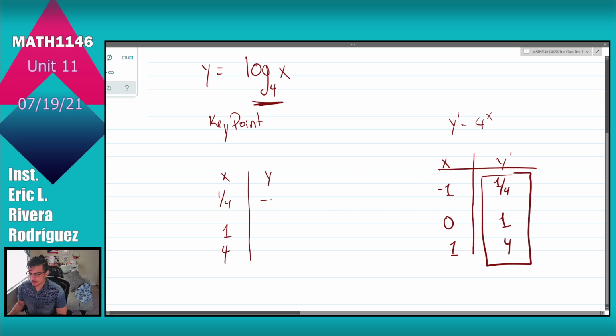So y here is -1, 0, and +1. These are the key points of the logarithmic function log base 4 of x.